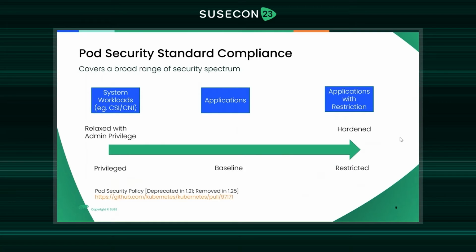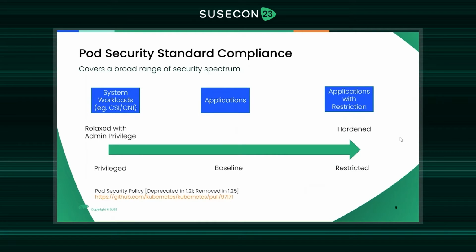For example, host path, host PIDs, etc. Right. A restricted policy, on the other hand, has strict policy adherence to hardening and best practices. It is built on baseline and adds additional constraints. For example, no root, root group, etc.